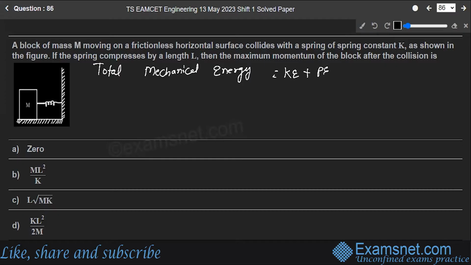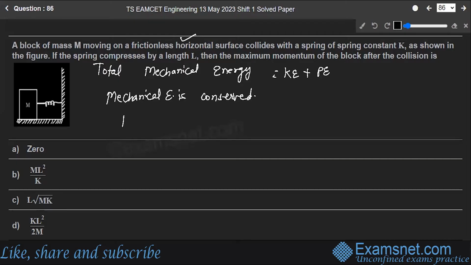Total mechanical energy is given by kinetic and potential energy. Now, because it is a frictionless horizontal surface, this mechanical energy is conserved in this collision. Mechanical energy is conserved because it is a frictionless surface.